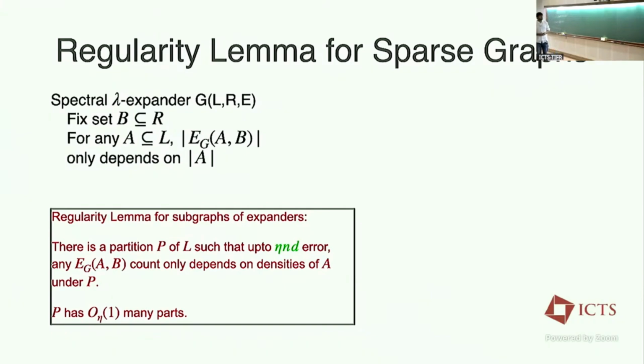So there is a partition such that for every B, the edge count e(A, B) only depends on the densities of A under P. Actually, the regularity lemma is going to give you a partition P of L and a partition Q of R, such that the edge count only depends on the densities of A under P and B under Q. But we don't really need the other side. But the regularity lemma will give you both partitions.